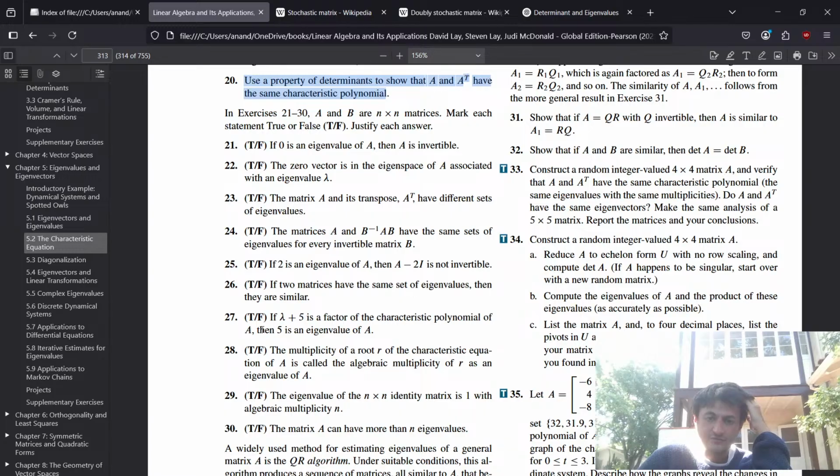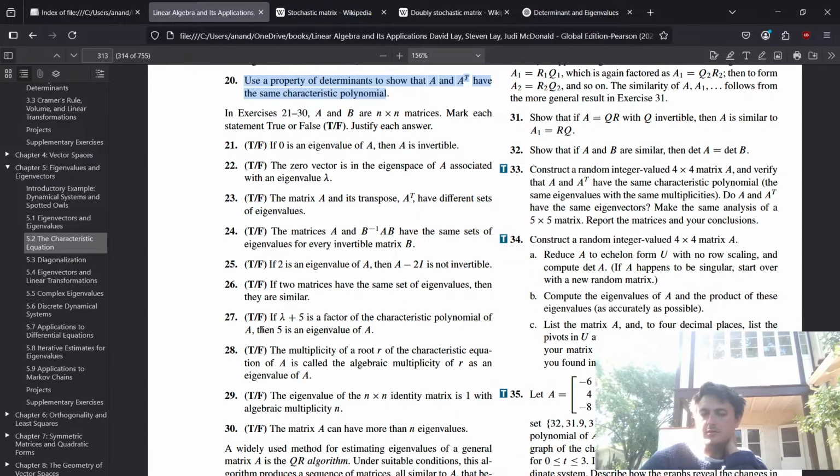Okay. If 2 is an eigenvalue, then A minus 2I is not invertible. That's true, because that matrix A minus 2I is going to have a non-trivial null space. That's what it means to be an eigenvalue, right? Wait, hold on.